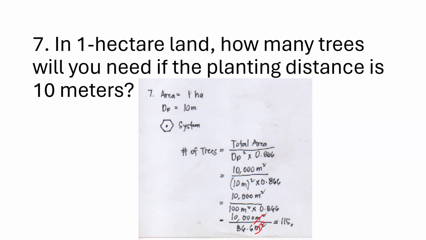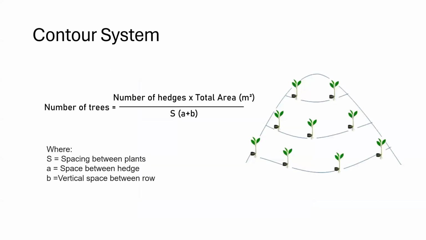Okay, gets? Next naman, last, contour system. So, contour system is generally followed on the hills where the plants are planted along the contour across the slope. So, ginagamit daw siya sa mga mountain slopes.